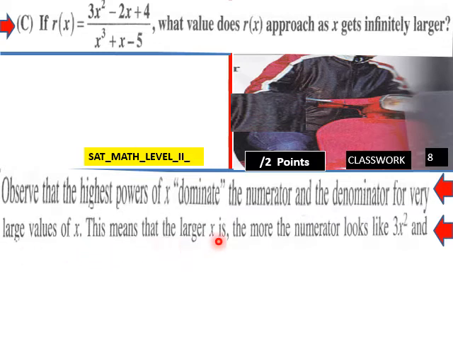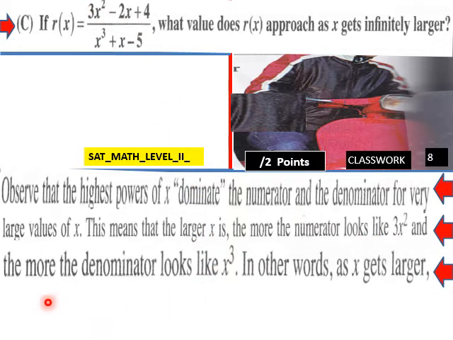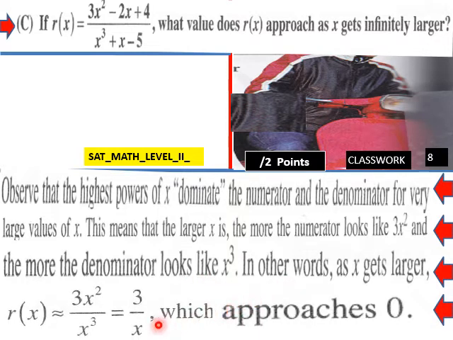This means that the larger x is, the more the numerator looks like 3x squared, and the more the denominator looks like x cubed. In other words, as x gets larger, 3x squared over x cubed becomes 3 over x, which approaches 0. As x gets larger, this number gets smaller.